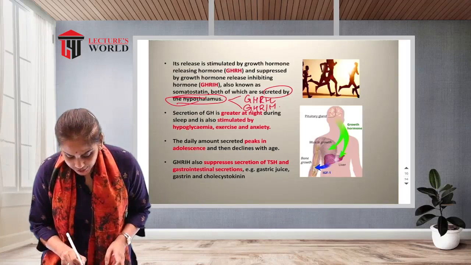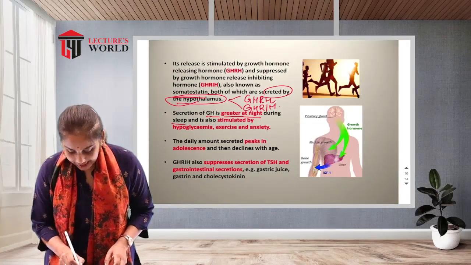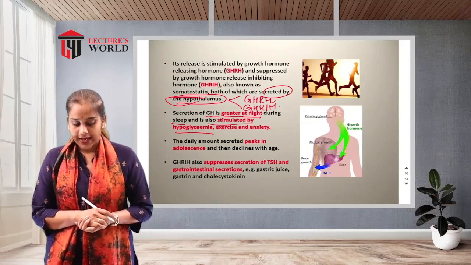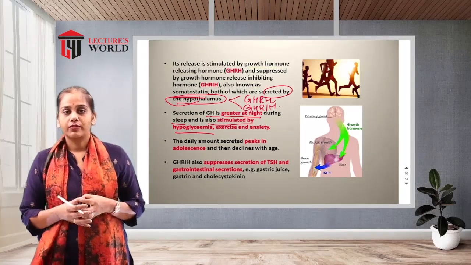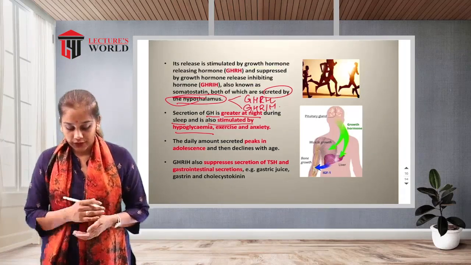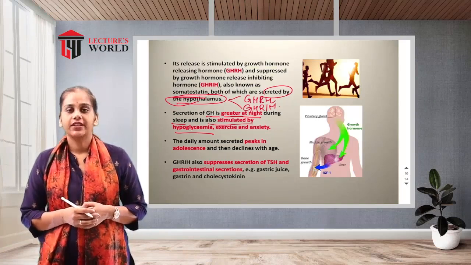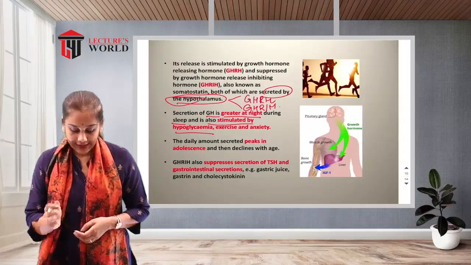The secretion of growth hormone is greater at night during sleep, and it is also stimulated by hypoglycemia, exercise as well as anxiety. So most of the secretion of growth hormone is greater during the night, during sleep time, and most of the growth occurs at night.